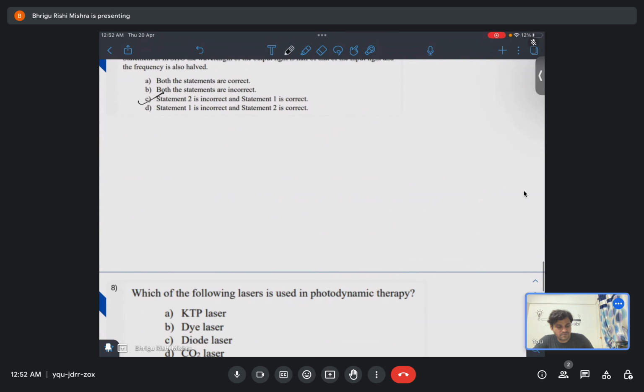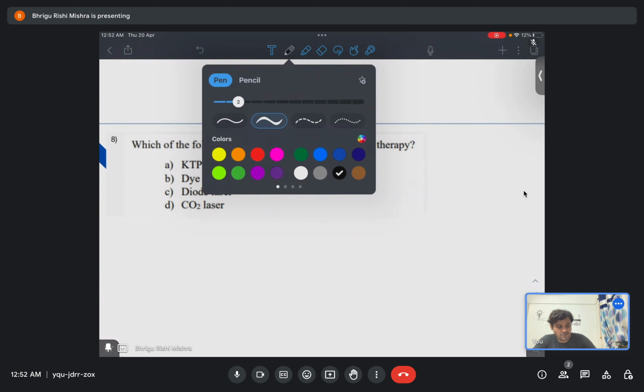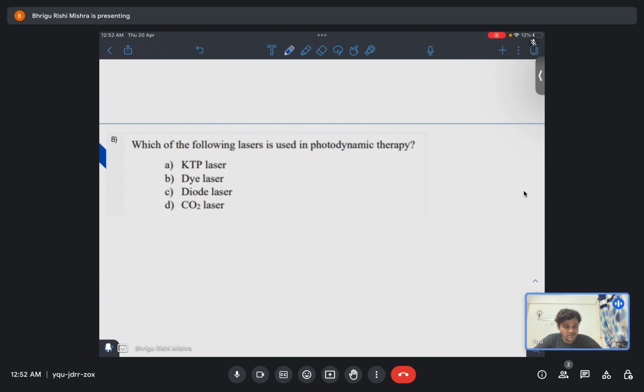So question number 8, which of the following lasers is used in photodynamic therapy? So what is photodynamic therapy?